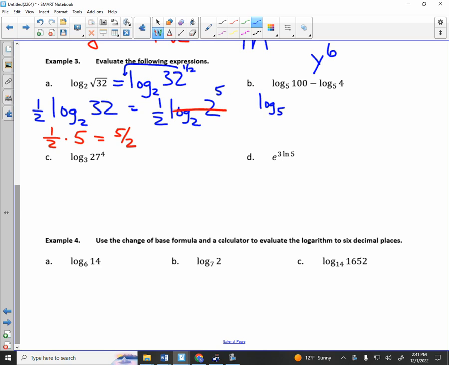Okay, what did you do first? What did you do first? Log base 5 of what? Oh, you went that route. I started with 100 divided by 4. Is it okay with that?